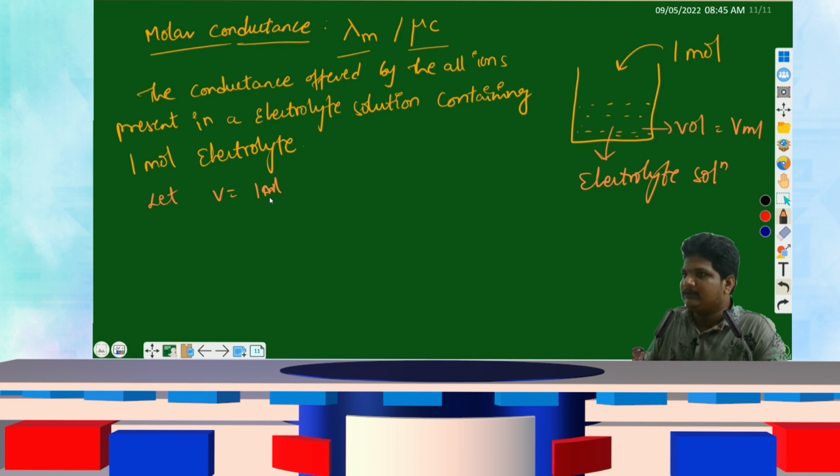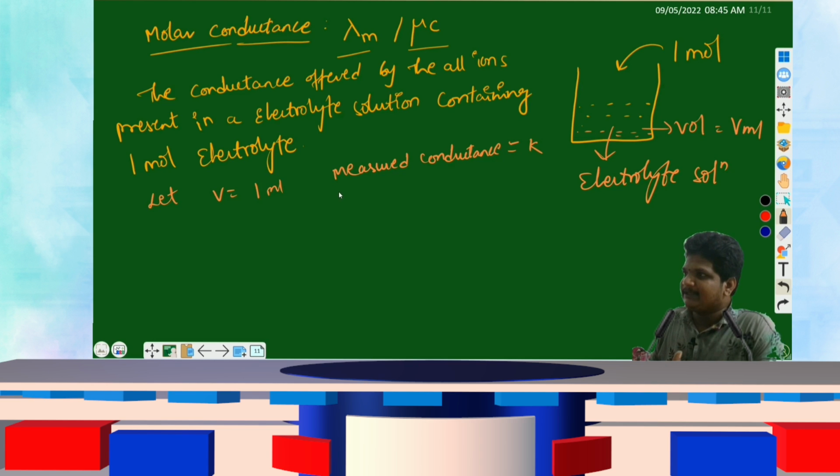If I measure the conductance of this 1 mL electrolyte solution, that measured conductance is equal to the specific conductance, since this 1 mL of electrolyte solution contains 1 mole electrolyte.